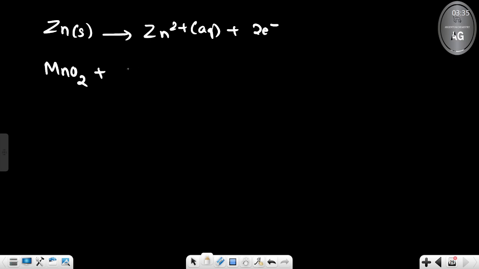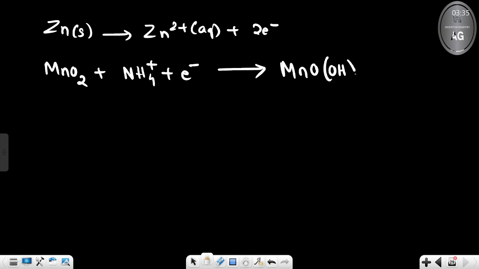The surrounding MnO2 reacts with the ammonium ion present to take up one electron. The ammonium has one extra H plus, and this H plus and electron can be taken up. So this will form NH3, ammonia, and another product formed is MnOOH. This is a different product, so remember this product.